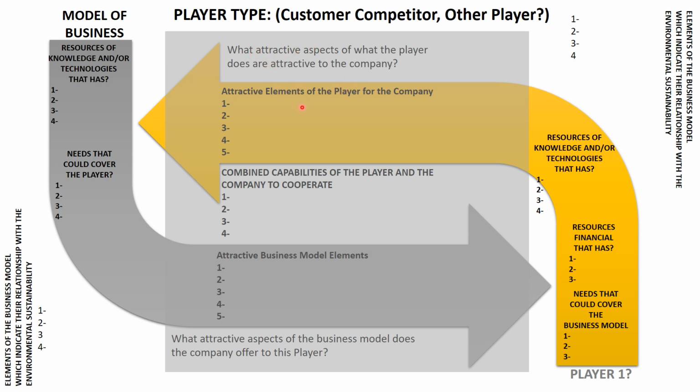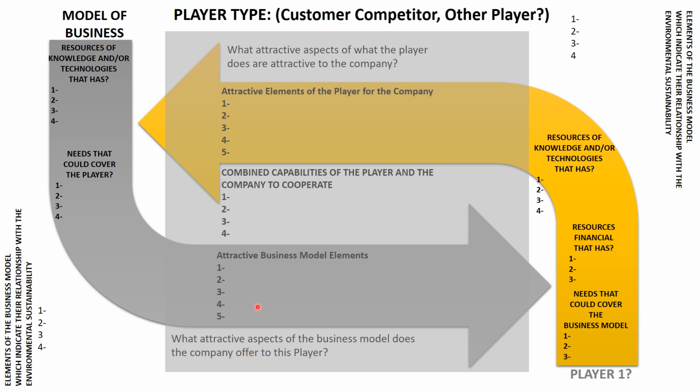In the gray box, you have above the question: what aspects of what the player does are attractive to the company? Here you identify the attractive element of the player for the company, for our business model.